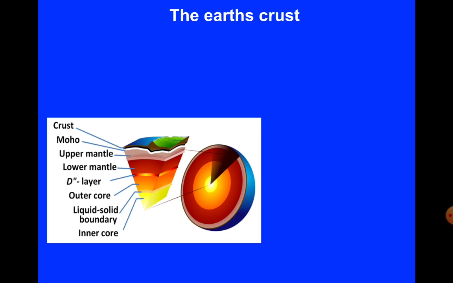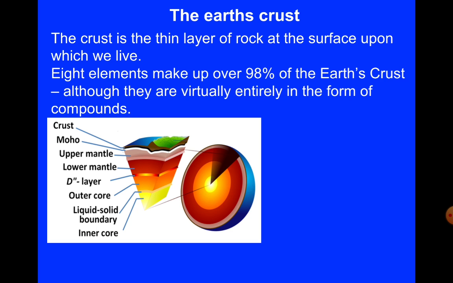The Earth's crust. Do you know how thick the Earth's crust is? When we look at the Earth's crust, it's actually the outer thin layer. In the Earth's crust, about 8 elements make up 98% of the crust.